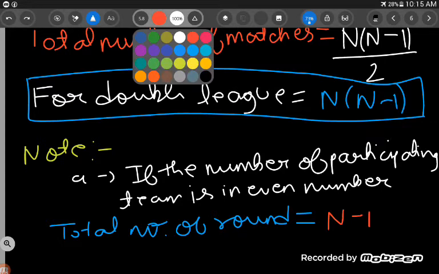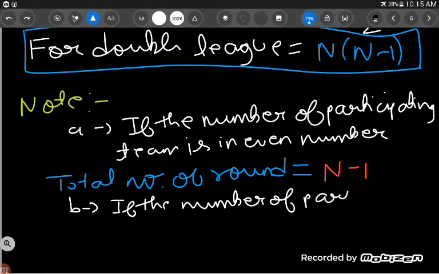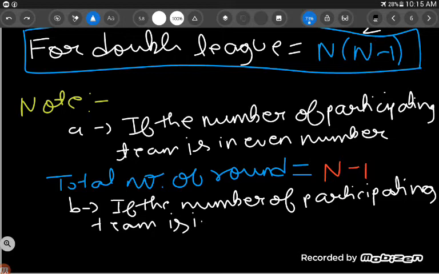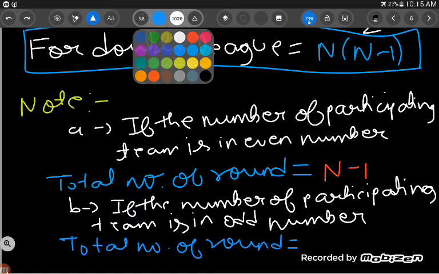Point B: if the number of participating teams is an odd number, the total number of rounds is equal to n.